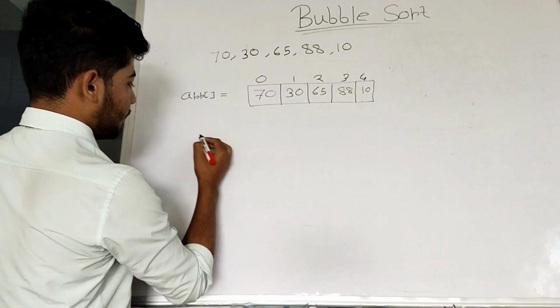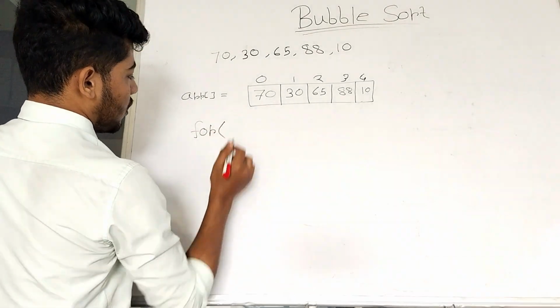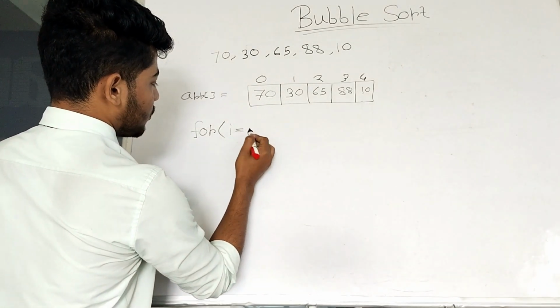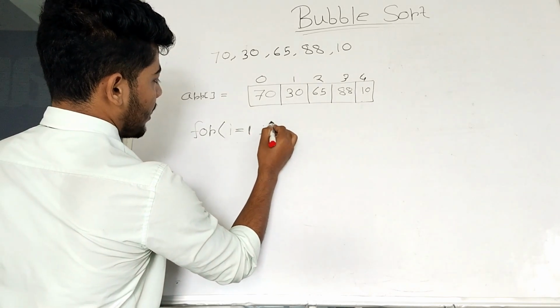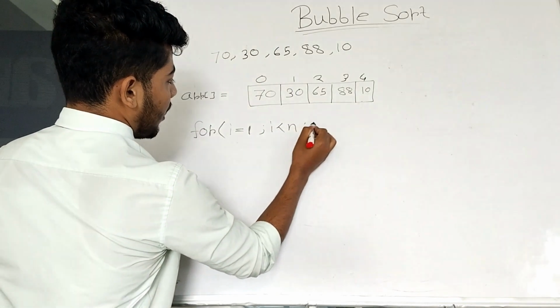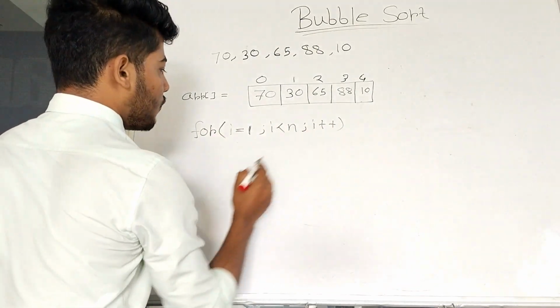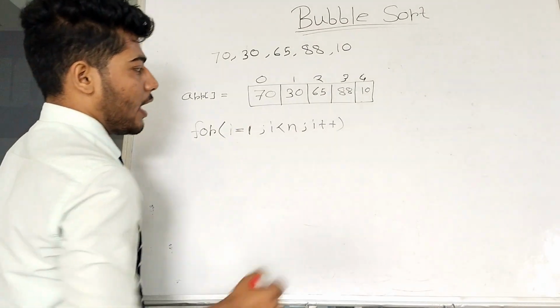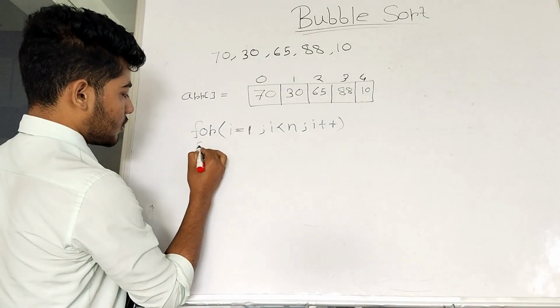So let's see the code. There will be first, for i equals 1, i less than n and i plus plus. There will be one loop starting from 1 to n minus 1, and it will increase by 1.